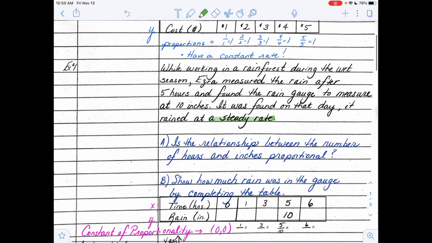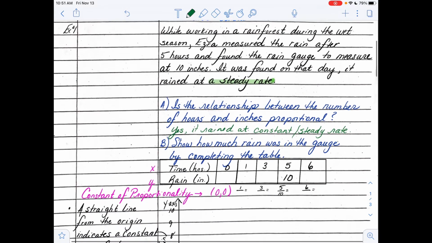So I can answer that in a nice complete sentence to say, yes, it actually was proportional. But then, of course, give me a reason why. It rained at a constant, or if you don't want to use the word constant, you can use the word steady like they did, steady rate. It rained at a constant or steady rate, which means it was proportional.